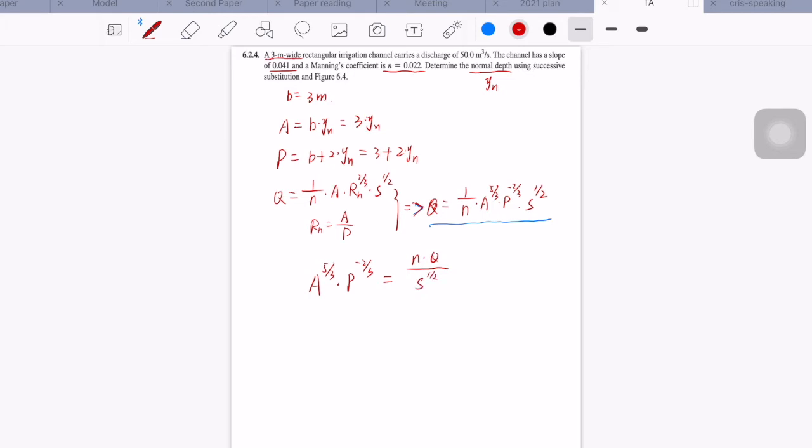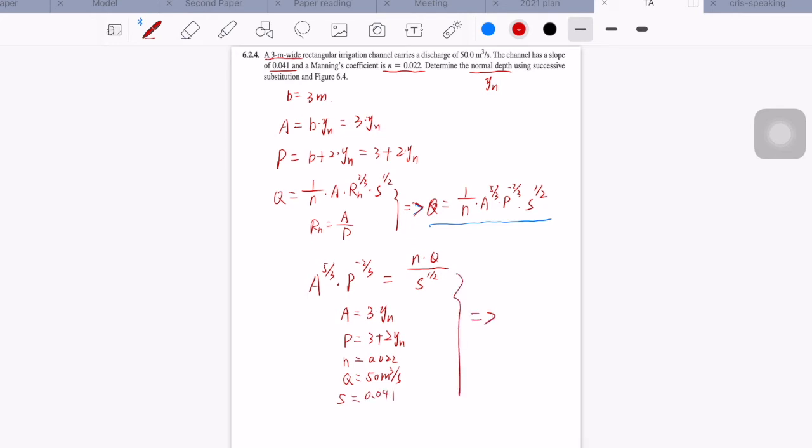And we know A equals 3y_n and P equals 3 plus 2y_n, and n equals 0.022, and Q equals 50 cubic meters per second, and S equals 0.041.